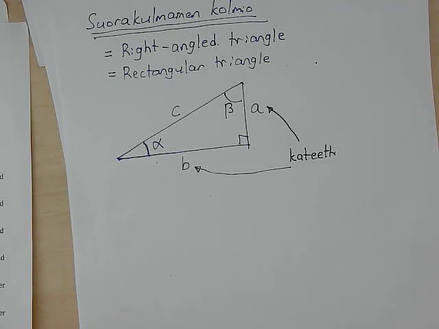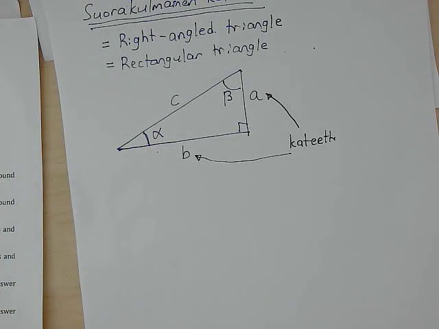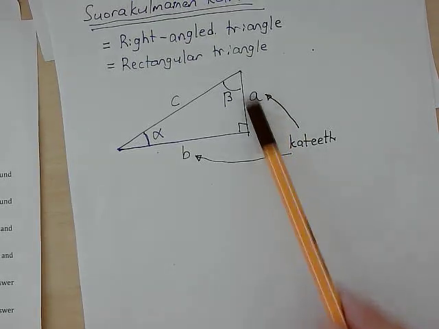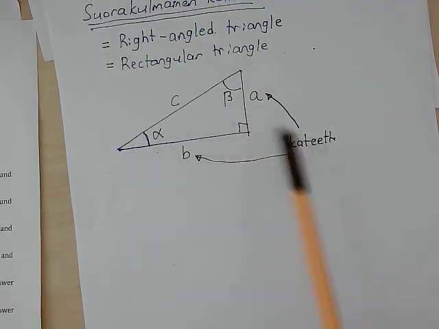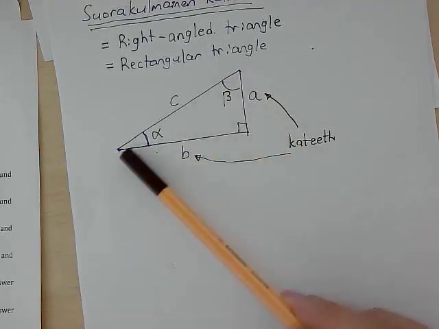Yes, that's true. But I need in Finnish this kateetti. These parts in the triangle are called kateetti. This is hypotenusa, hypotenuse.